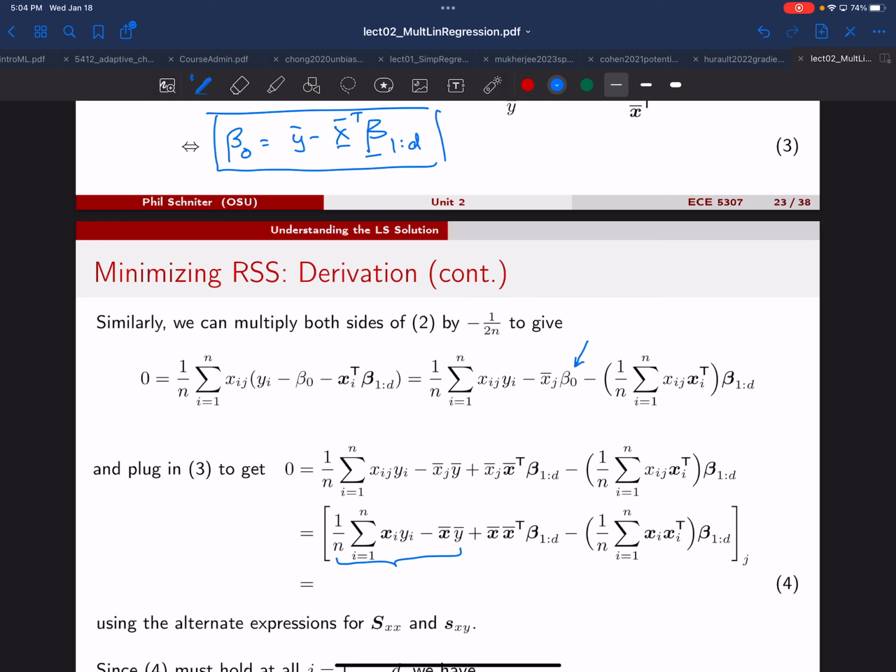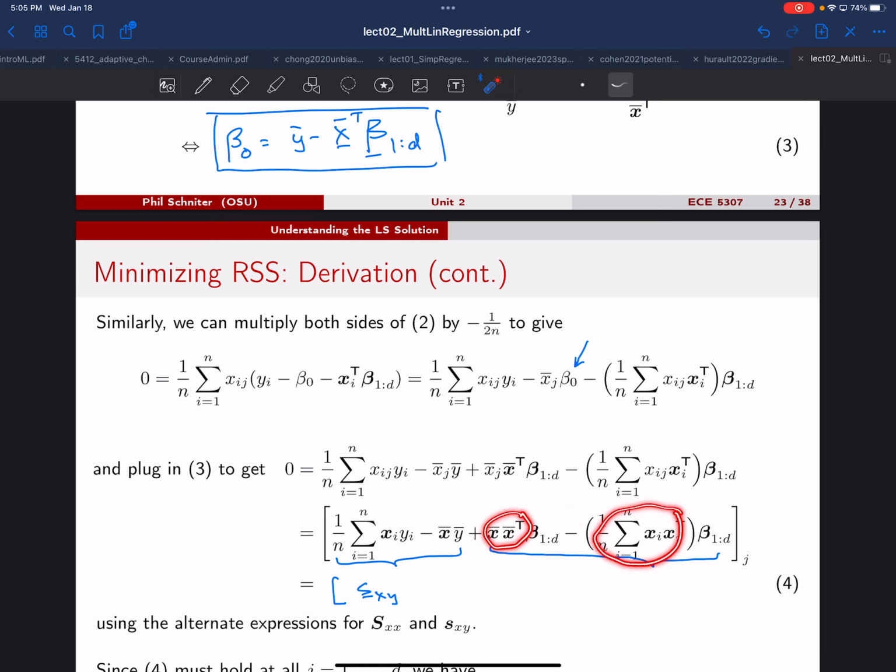So let's see, where am I? So we have, this again is going to be the jth entry of the vector SXY. And what about this other part here? Okay, so we have beta 1 through d on the right side, so I can really move this into this parenthesis, right? At which point I get this minus this.